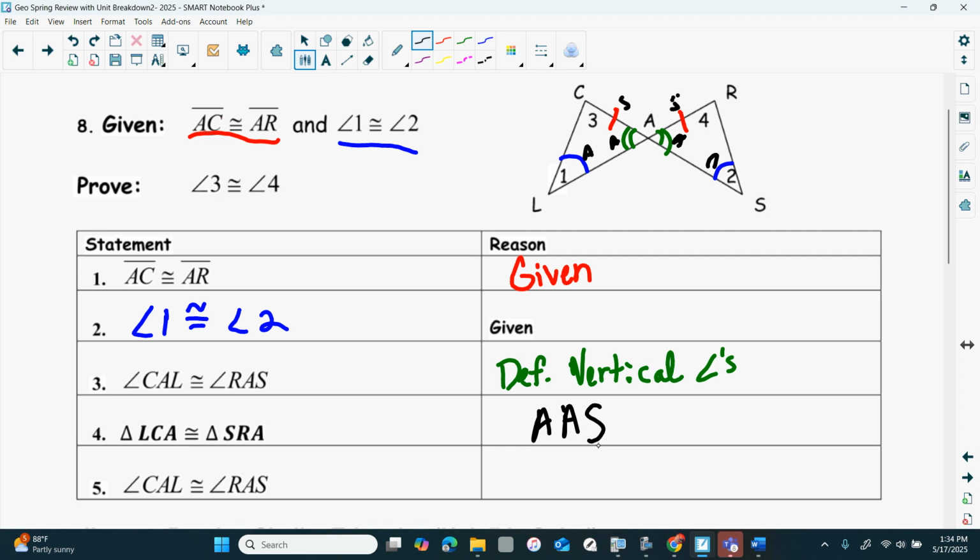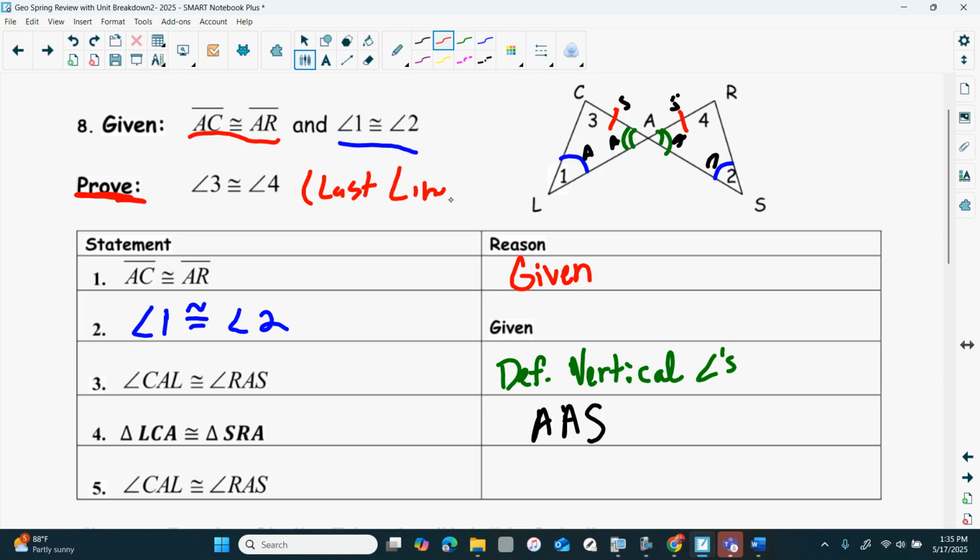Okay. And now that I have proven congruency, because you have to say triangles are congruent before you can even use the acronym CPCTC. You have to say congruency about triangles first, then you can say CPCTC. But the other rule was, anytime I'm trying to find what I'm trying to prove, that always goes on the last line, okay?